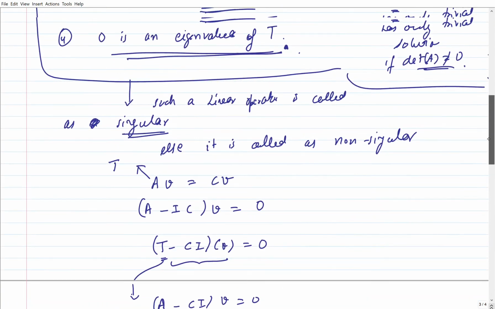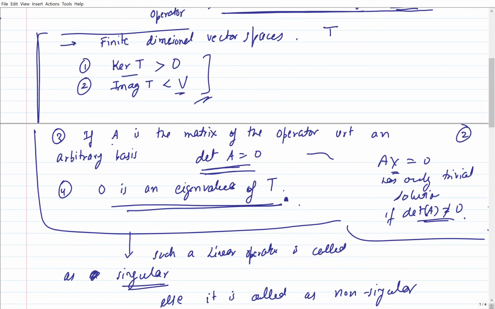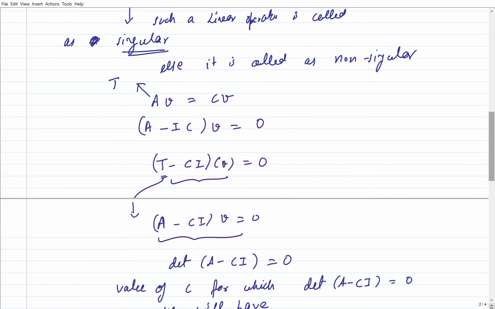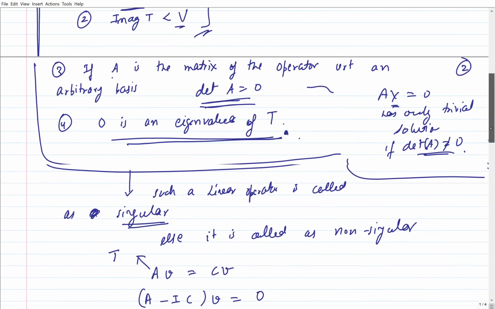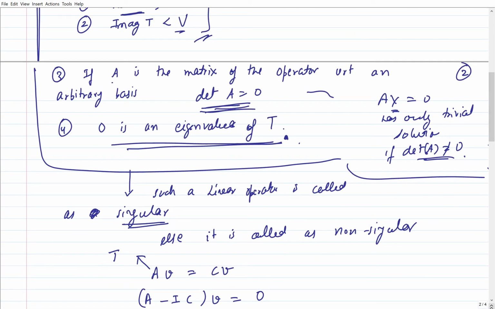See, we demanded the kernel of T greater than 0 because we ultimately want to find the kernel of this linear transformation, which was equivalent to the condition, the values of c for which the determinant has to be equal to 0, because this was an equivalent condition out here.